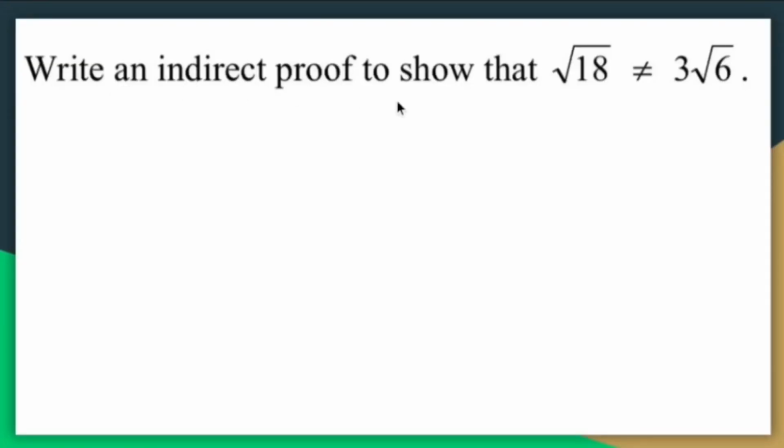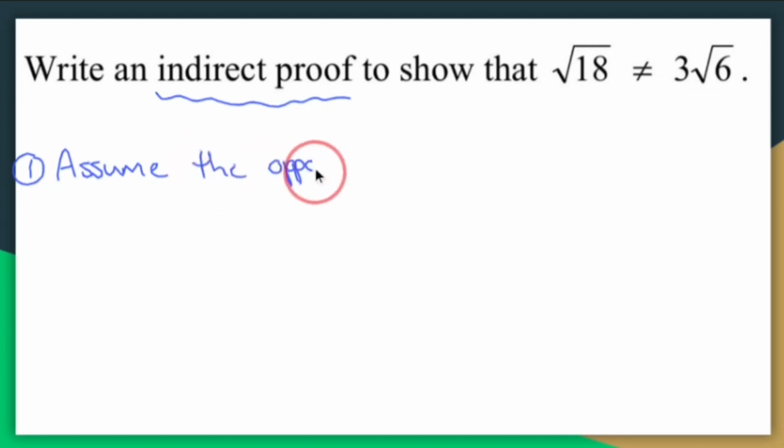Write an indirect proof to show that the square root of 18 is not 3 root 6. What is an indirect proof, you ask? Well, let's first assume the opposite of the conclusion here.